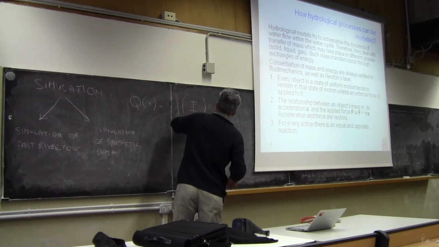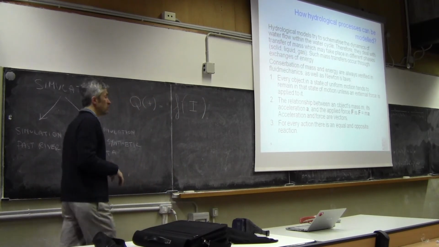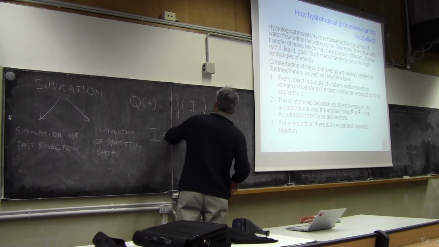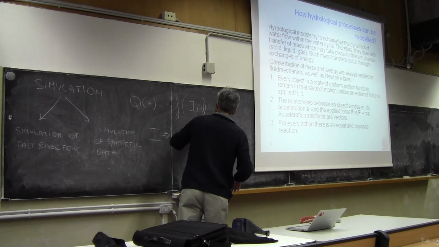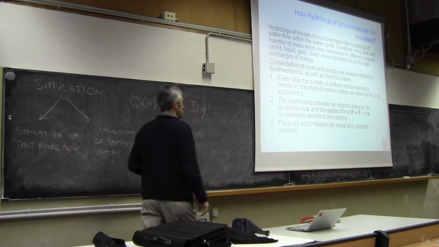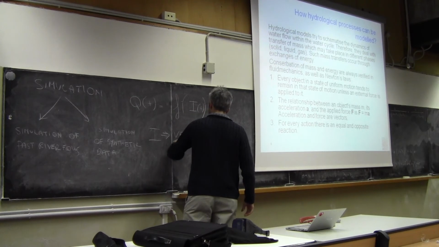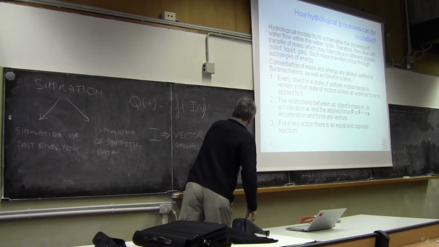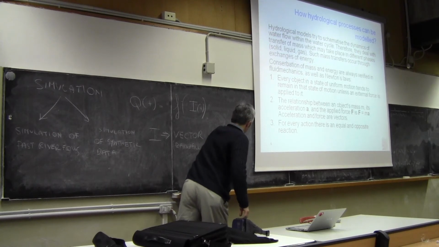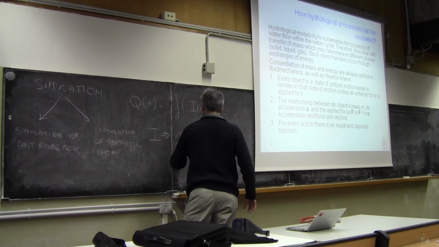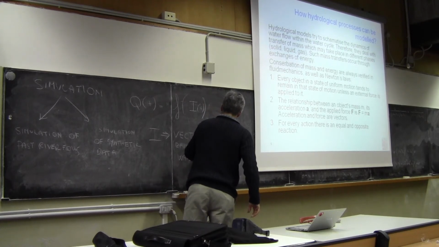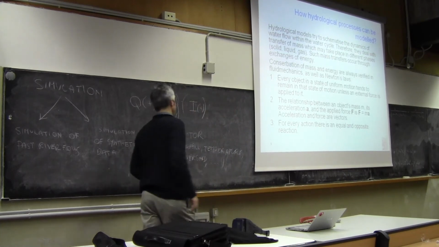Let's say that I call the input with the capital letter I, where I is a vector, including rainfall, temperature, watershed behaviors, etc.